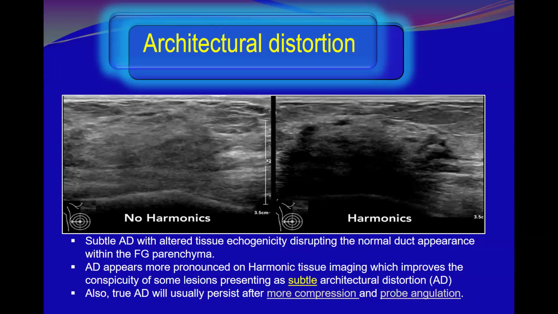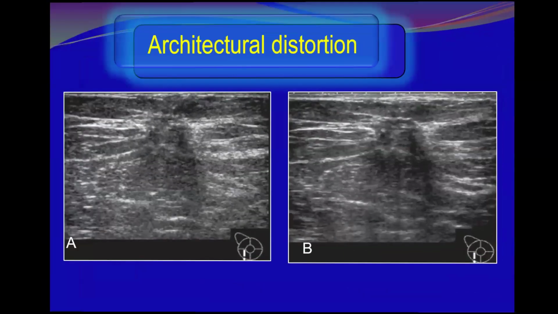So you can use harmonics if you have subtle lesions suspicious of architectural distortion. Not only that, you can give more compression and probe angulation. If the changes persist, that means it is a true architectural distortion, not just an artifact.